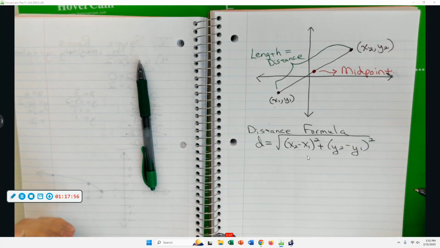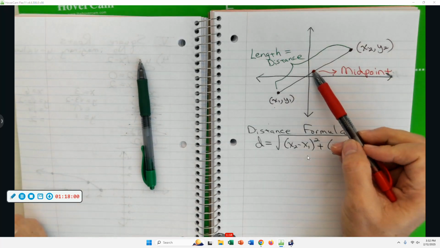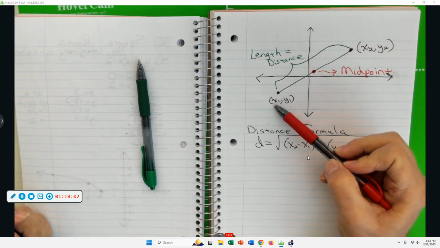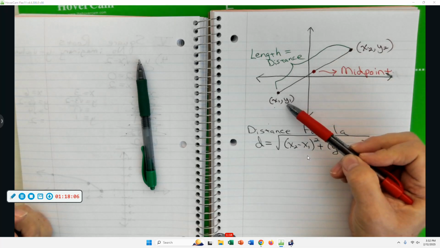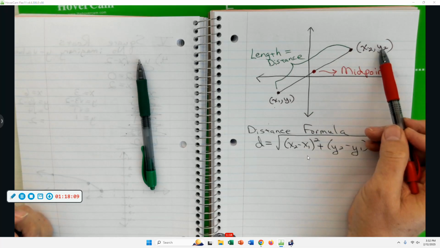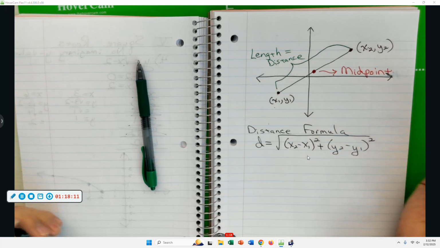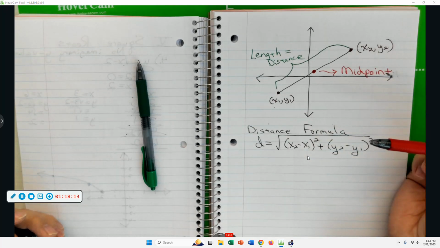Now the midpoint formula. The midpoint formula, you're wanting the number that's midway between x1 and x2. You want the number that's midway between y1 and y2. Well, how do you find the number that's midway between two given numbers?